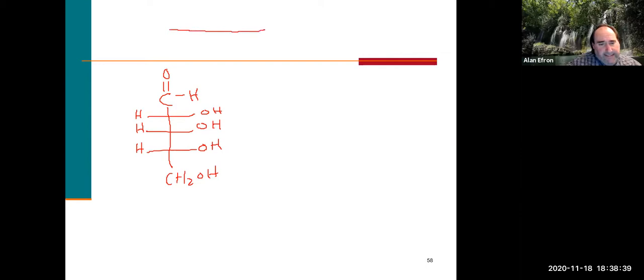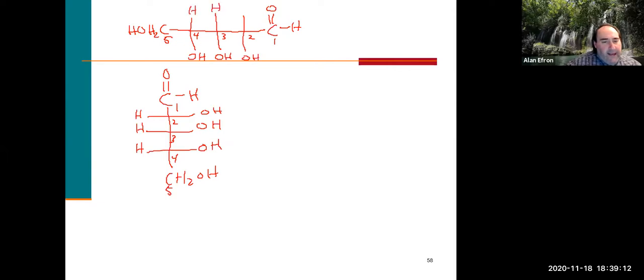We would dump it on its side. And this would be carbon 1, carbon 2, carbon 3, carbon 4, and carbon 5 in this case. So this is 1, 2, 3, 4, and 5. Same effect. It looks like all of our OHs are on the right, which means all of our OHs will end up down when we do this.